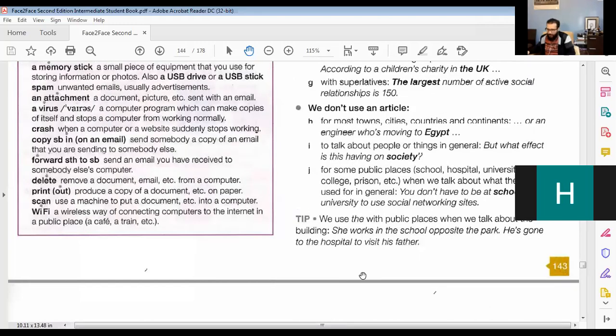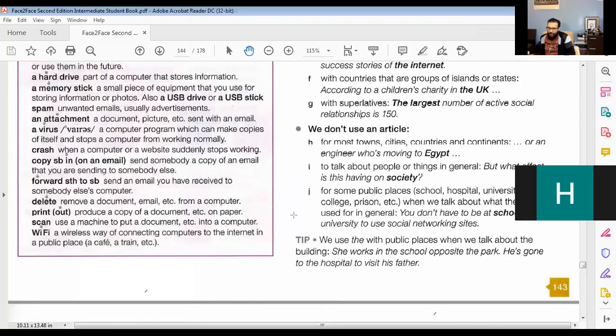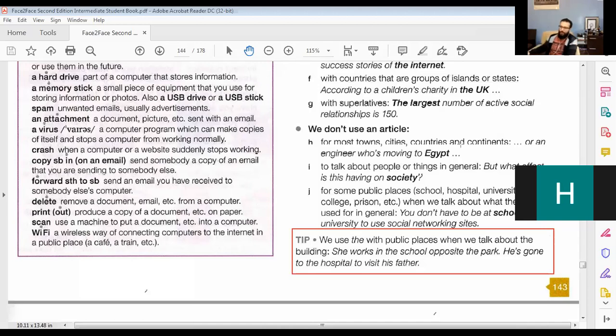هذه اللي كنت نقول فيها النقطة هذه. Can you see this tip here? Hajar, can you please read this tip for us? What is it trying to say, this tip? Okay. We use the with the public place when we talk about the building. She works in the school opposite the park.